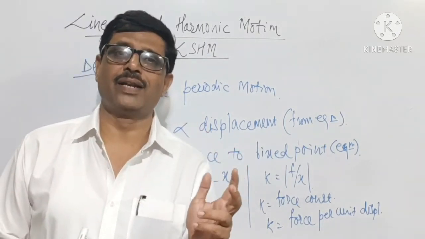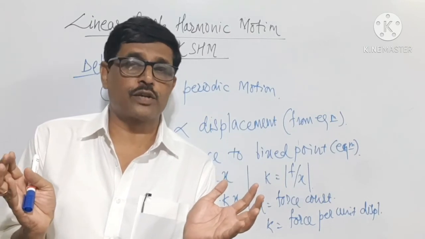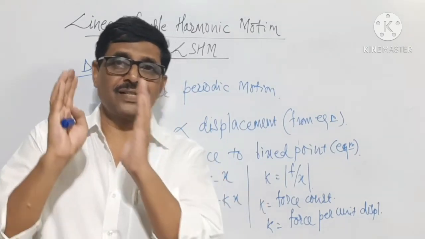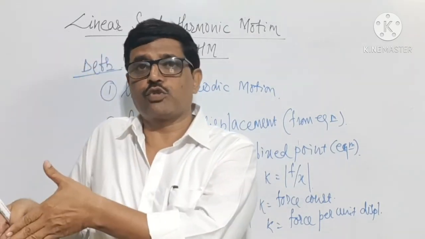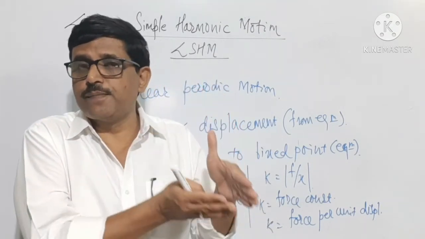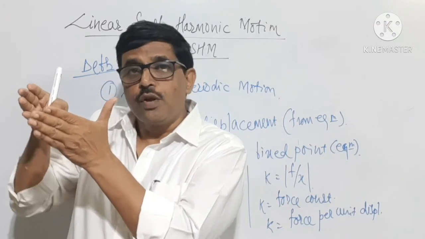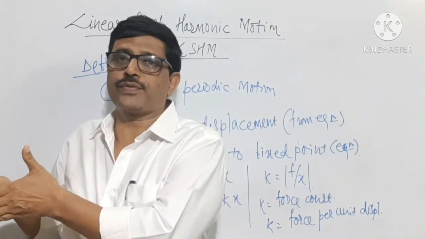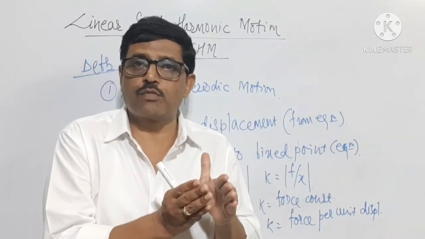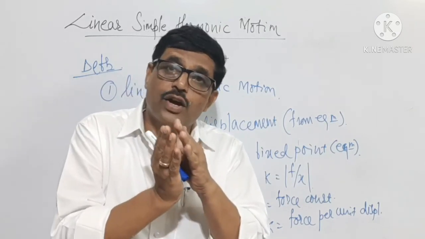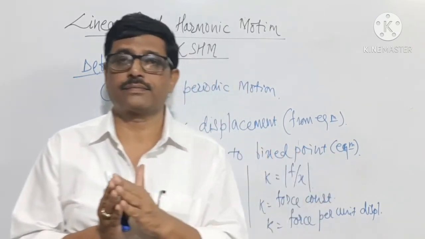At the end, I will differentiate the two periodic motions. One is uniform circular motion and the other is linear simple harmonic motion. In uniform circular motion, motion is along the circumference of a circle. In linear simple harmonic motion, it is along a straight line.